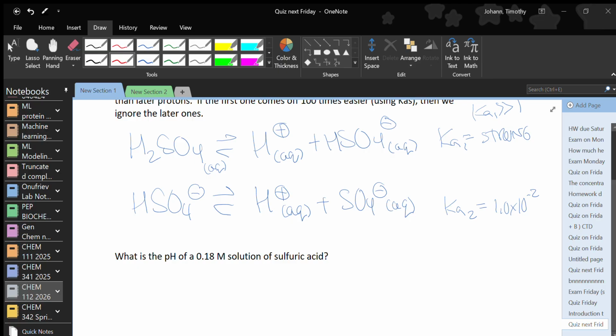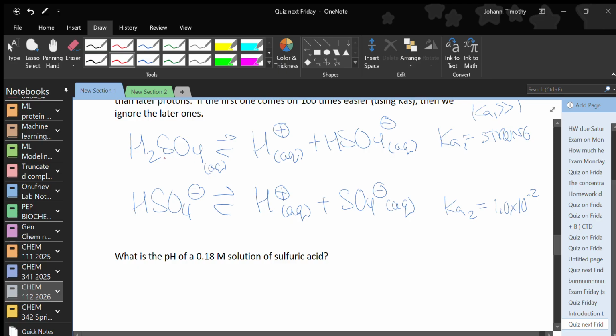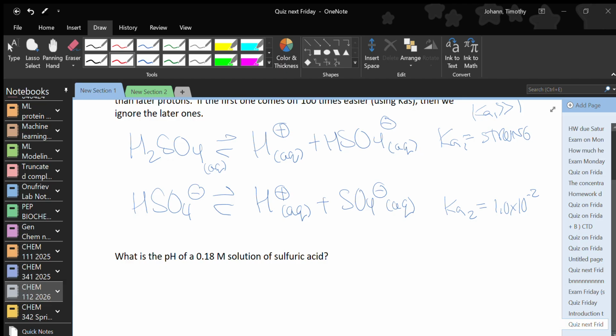So what we do here is we're just going to worry about the first dissociation. Now, if this was phosphoric acid, the first one probably also would be the only one we'd need to worry about, but it would be a weak acid and we'd have to do an ice table. Being it's a strong acid, we don't need to do an ice table here.